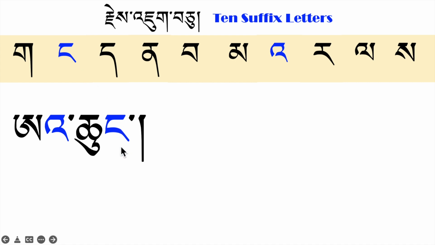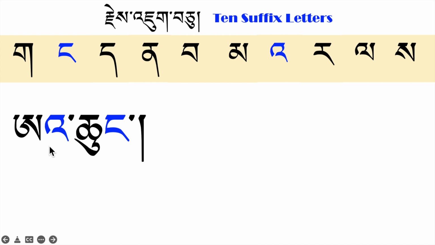This is very good to remember. Right now we have to become more familiar, because this is a very basic step to recognize all the letters in detail. Don't miss it, please.